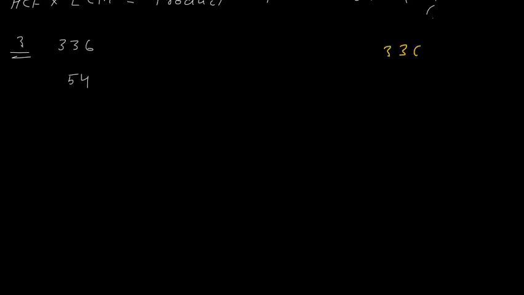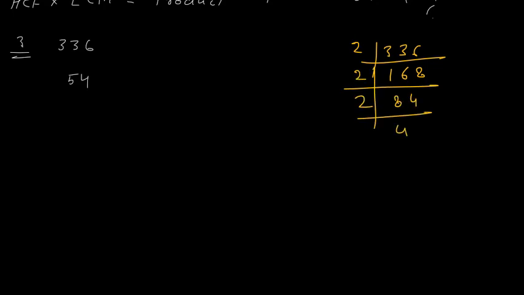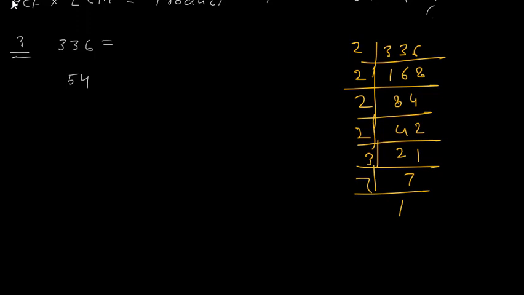we will factorize 336 with 2: 2 1s are 2, 2 6s are 12, 1, 2 8s are 16, then again with 2, 2 8s are 16, 2 4s are 8, then again with 2, 2 2s are 4, 2 1s are 2, then 3 7s are 21, then 7 1s are 7. So this 336 you can write as 2 power 4, that is 1, 2, 3, 4, multiplied by 3 multiplied by 7.